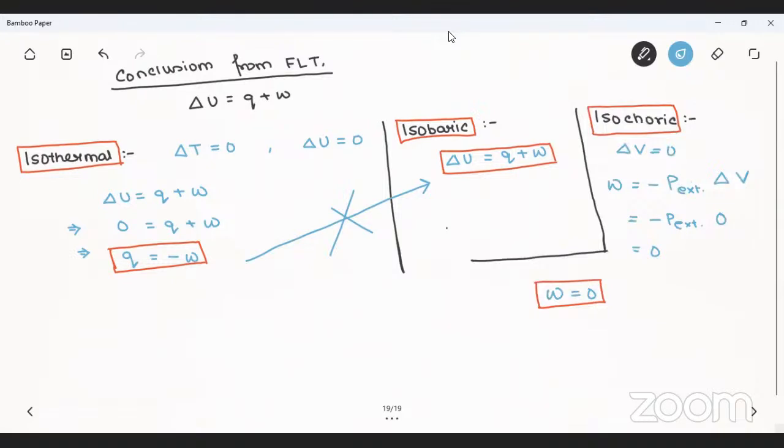Now, this is something you got. What is the first law of thermodynamics? Delta U is equal to Q plus W, right? This is our first law.